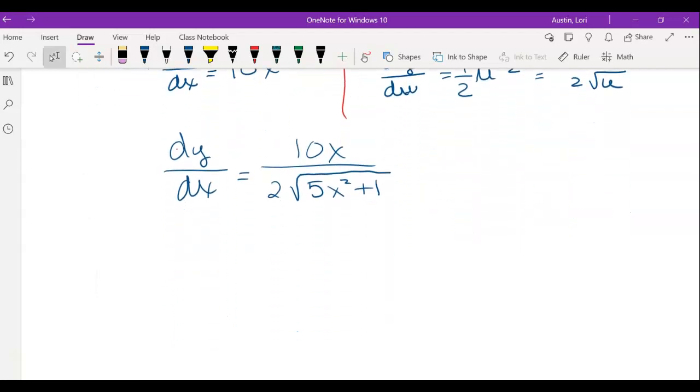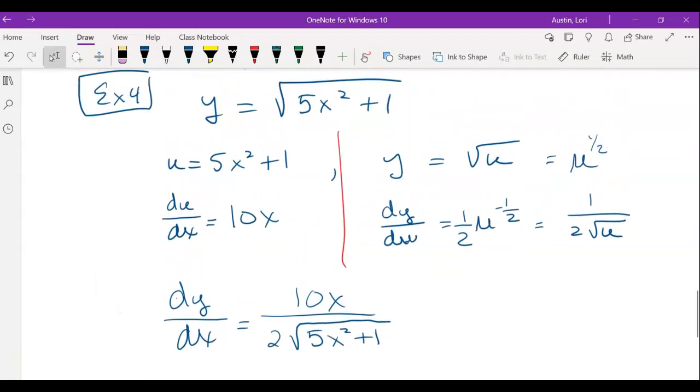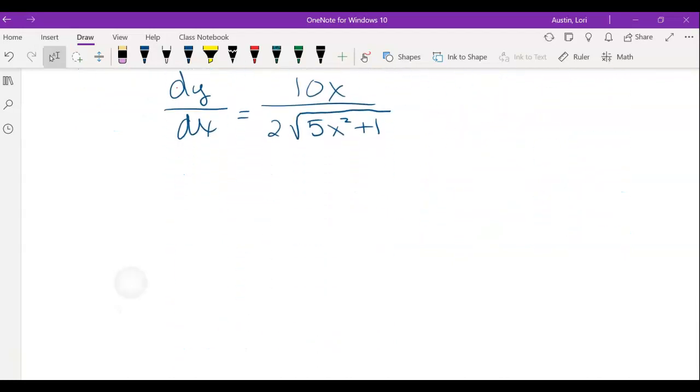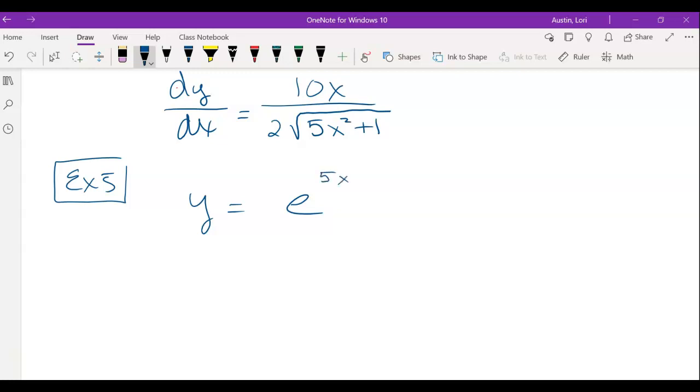So we're gonna do a few more. What was that? Number 4? All right, number 5. I can use the chain rule on this. I can definitely use the chain rule on this.